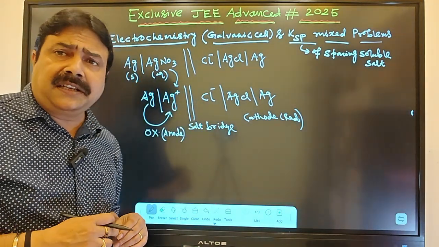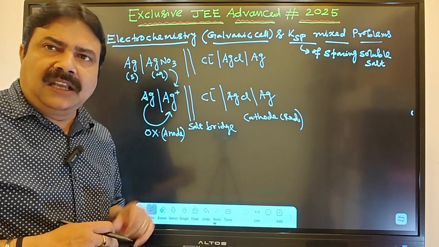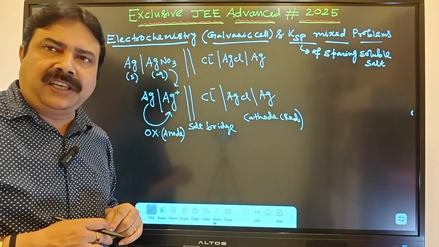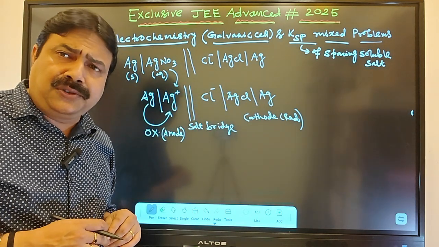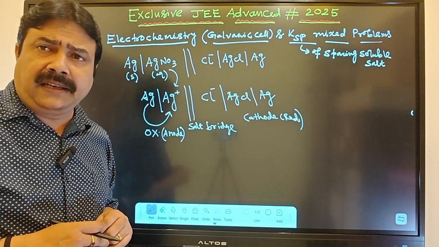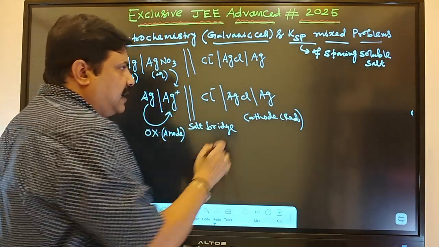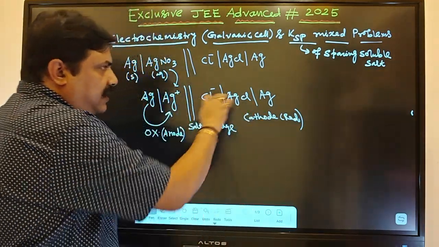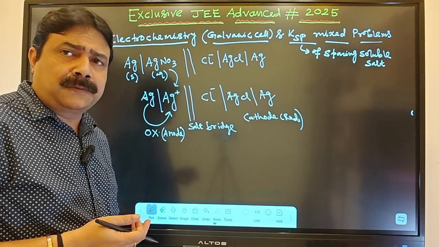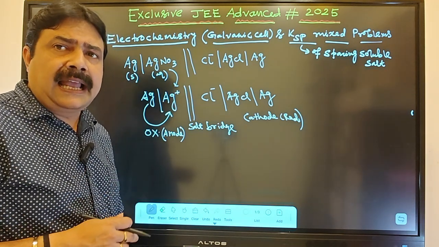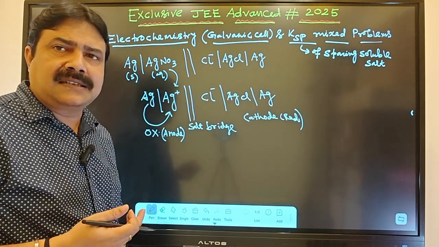The salt bridge not only connects the two half cells but also completes the internal circuit, so that in the outer circuit electrons flow in a galvanic cell from anode to cathode, and current flows from cathode to anode, in the opposite direction. In the cathode there is a reduction reaction. Whenever this type of electrode, soluble anion, sparingly soluble salt and the metal, acts as a particular electrode, it can be utilized as a cathode or as an anode.